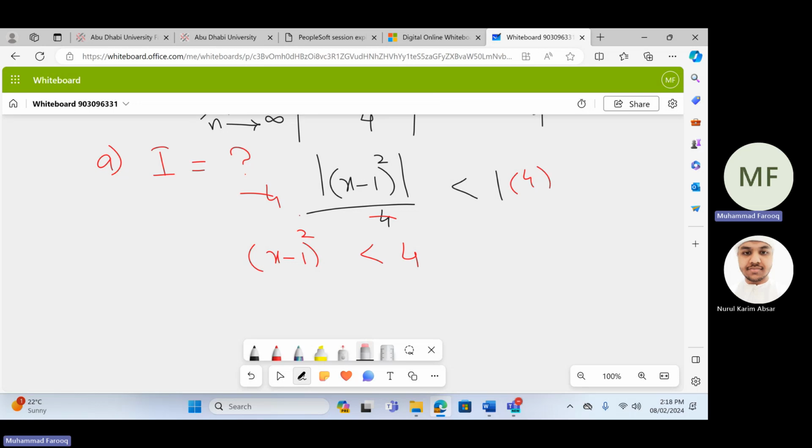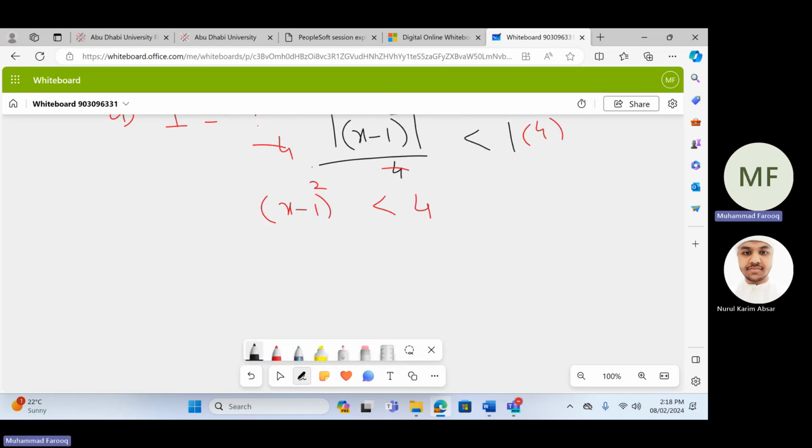Now this is a quadratic inequality. How do you solve it? You know how to solve a quadratic inequality, please? x minus 1 square minus 4 less than 0.